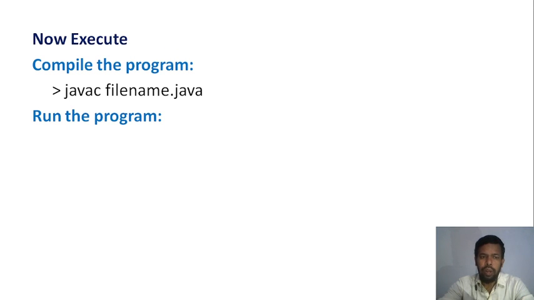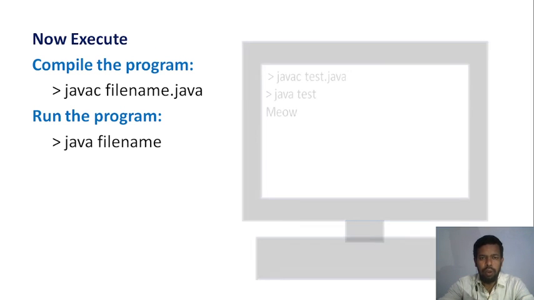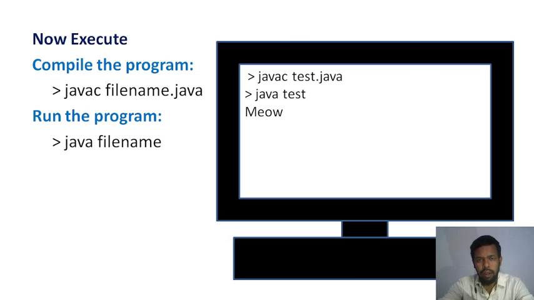How to run the program? java, followed by the file name. That is the syntax. Now the output will be shown on the monitor. javac Test is the file name because we created the main class name Test. I saved it as Test.java. Now we run the program, java Test. The output will be shown: meow.